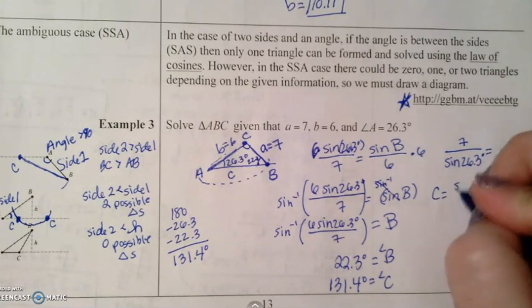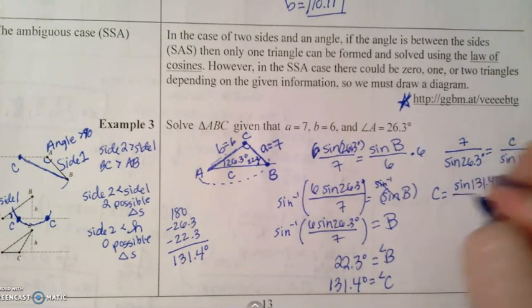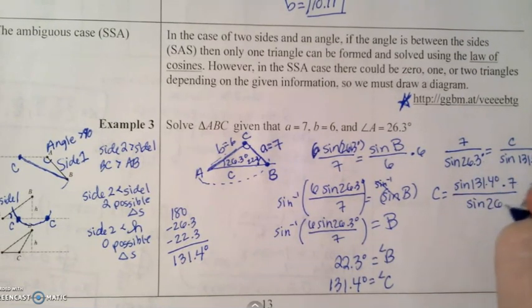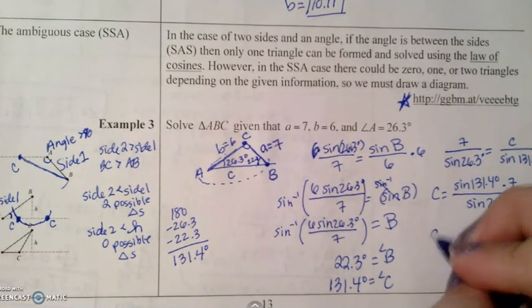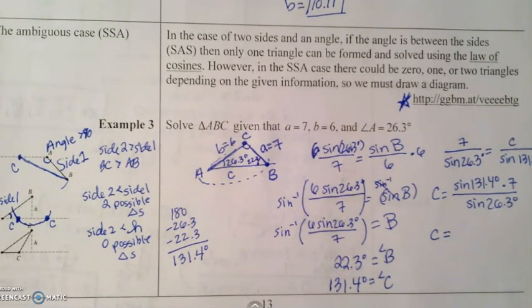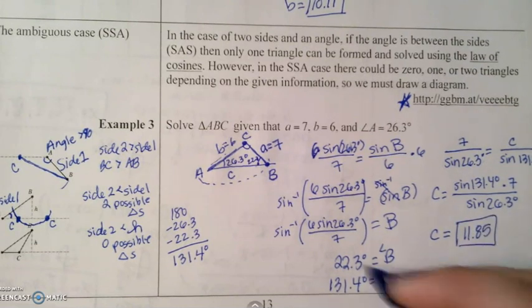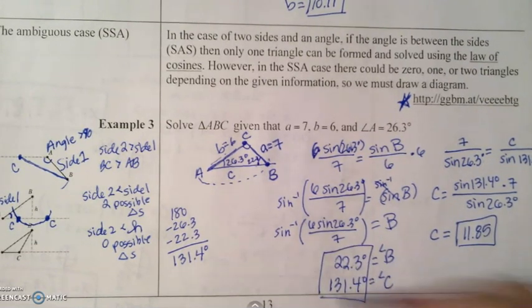So C equals sine of 131.4 degrees times 7 divided by sine of 26.3 degrees, which means that side C equals, into the calculator, make sure you're in degree mode, 11.85. And those are our missing pieces.